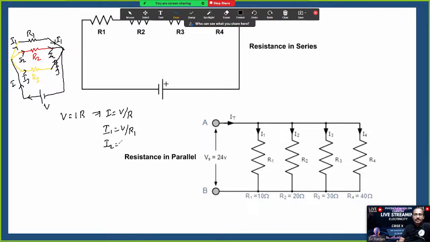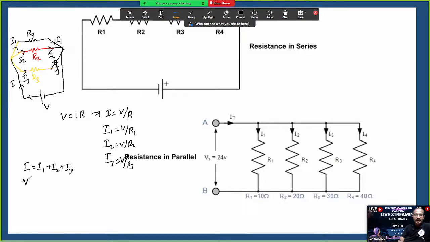I2 is equal to V by R2, because the potential is common and constant. I1, I2, I3 values will be different, which is in parallel. I3 is V by R3. So current I is equal to I1 plus I2 plus I3.